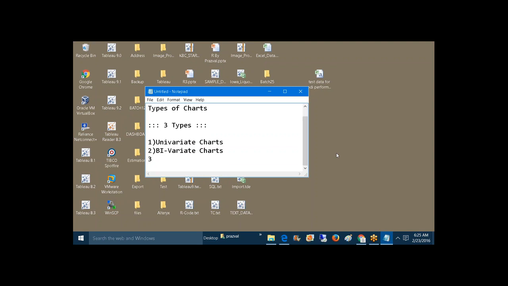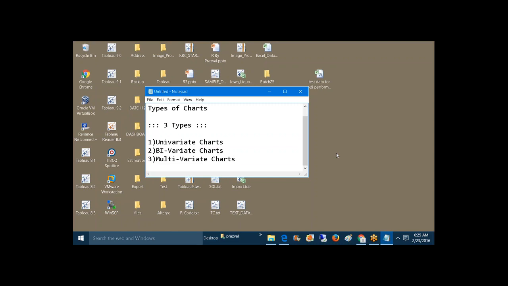And number three, multivariety charts. Okay, charts are divided into three categories. What are they? Number one, univariety chart. Number two, bivariety chart. And next, number three, multivariety chart.